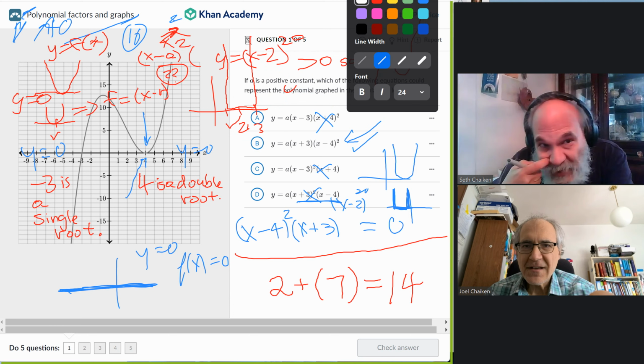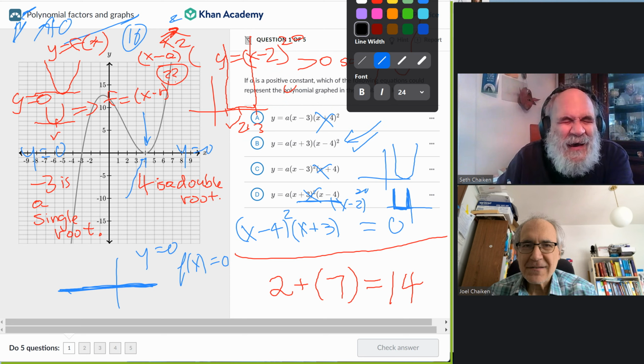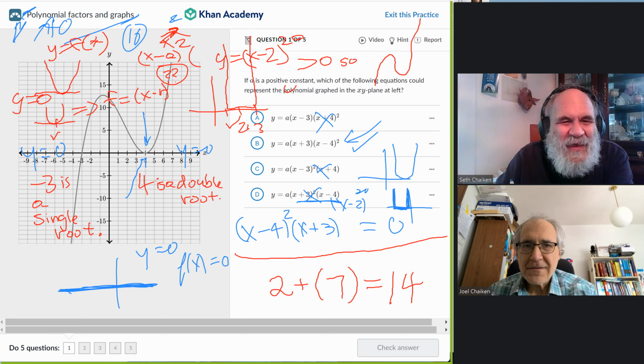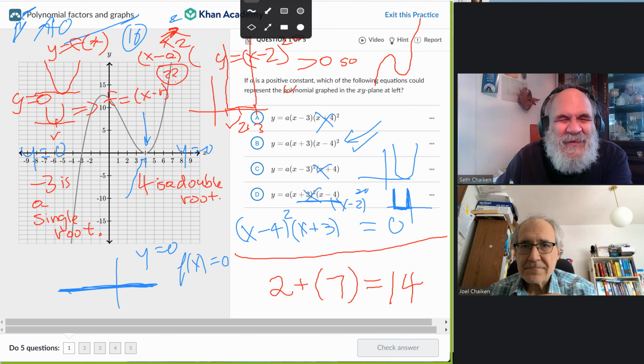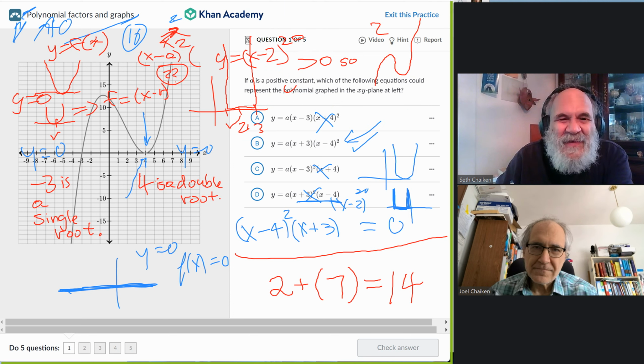Why is that? That's because if x is greater than 2, then this number in here is greater than 1. And even very small numbers greater than 1, when you power them up to the 20th power, you get a pretty big number.